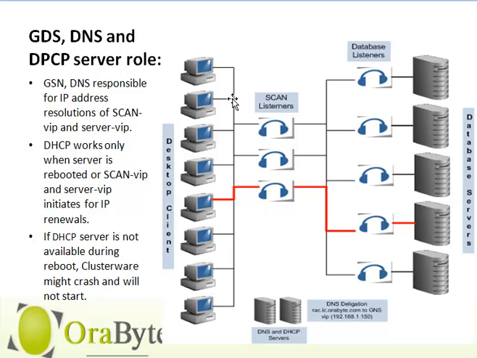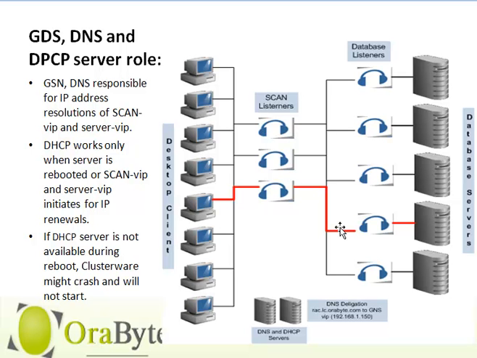And then you see there are 3 scan listeners, and then we have various database listeners, as we talked about, and then from there, depending on the least loaded listener, it will make the shadow connection. Once that is established, the client will end up having a direct connection between itself and the database server instance, and then the socket will be used for further communication.